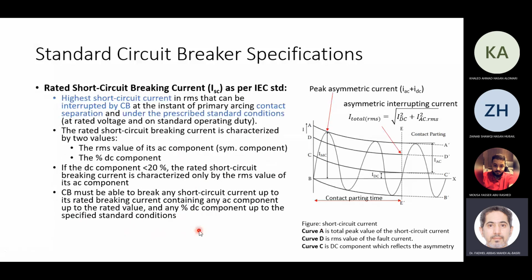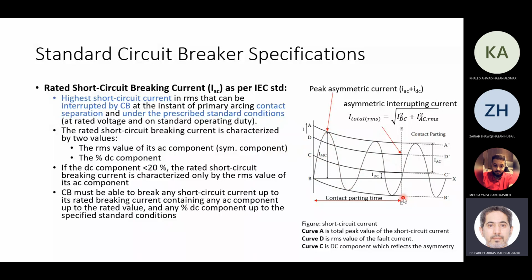There is also in the specification something called rated short circuit breaking current. This is what I was trying to mention. During the short circuit, the current goes very high, and this is called the peak value of the short circuit current. Then it decreases as the decaying DC decreases.